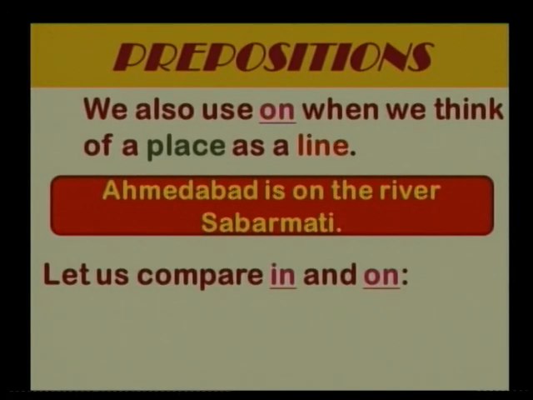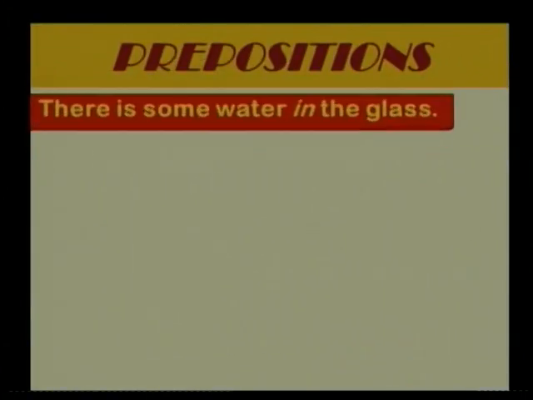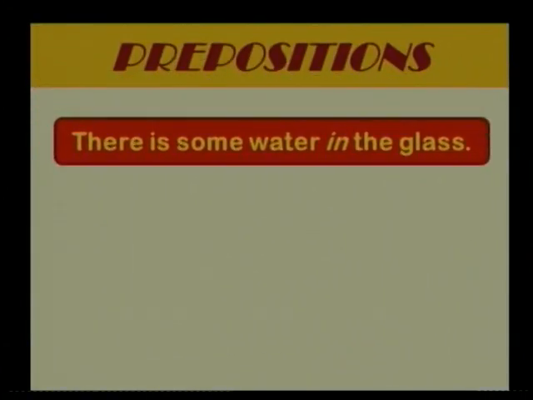Let us compare in and on. Let's look at the difference between the two. There is some water in the glass. Please look at this carefully. There is some water in the glass.